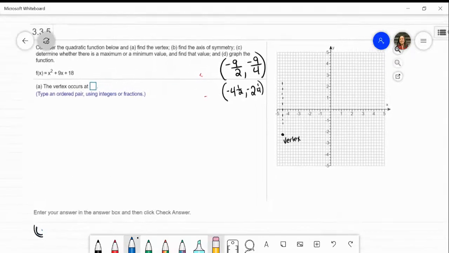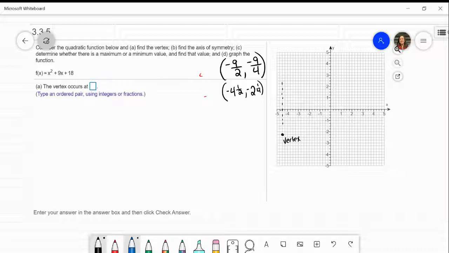Now, earlier, when I found my axis of symmetry, the way I found that corresponding y value was by plugging in the x value. You know, my output is my y value. So let's pick a point somewhere around my vertex, in other words, somewhere near -9/2.